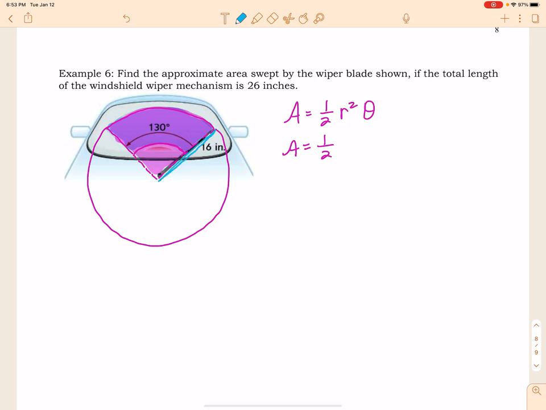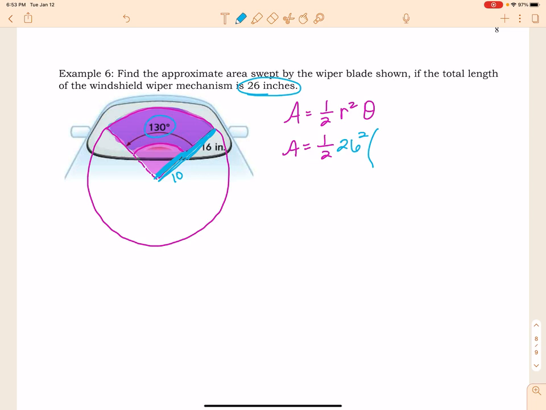If this portion of it is 16, we're told the whole thing is 26, so this little piece here would be 10. But what I'm interested in is the whole thing, so 26 squared, and then I need my angle of 130.